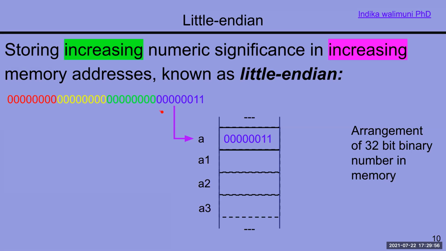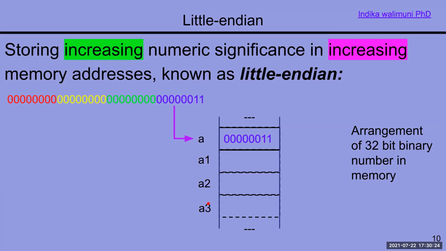We take the least significant byte, the 1, and put it in the first memory address, then go to the next one and go down. As we go towards increasing significance, we store the bytes in increasing memory addresses as well.